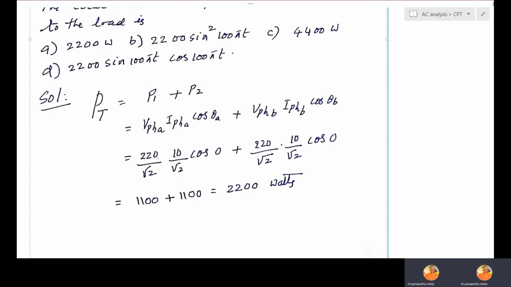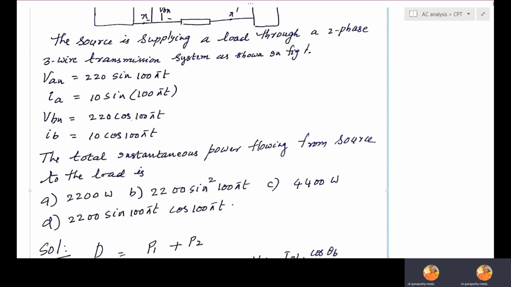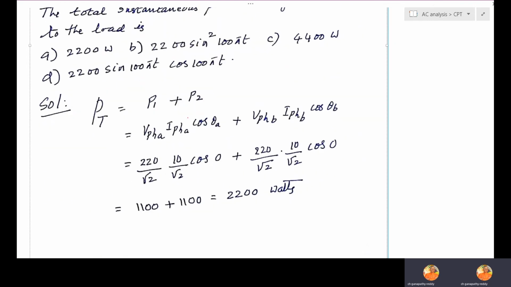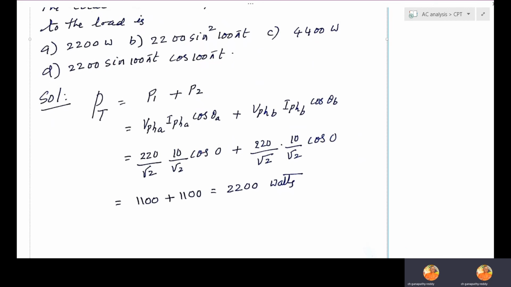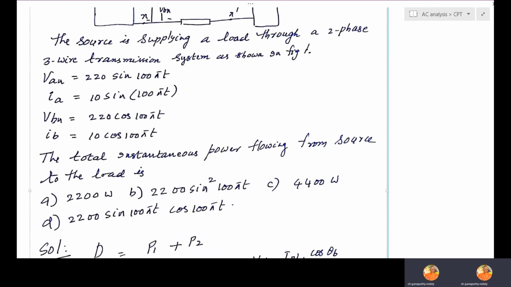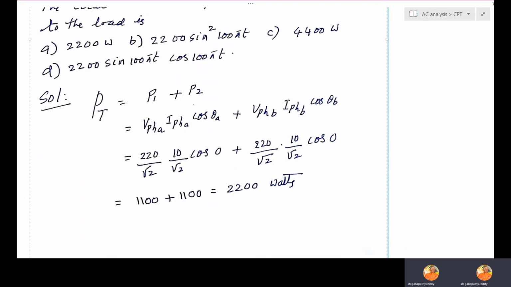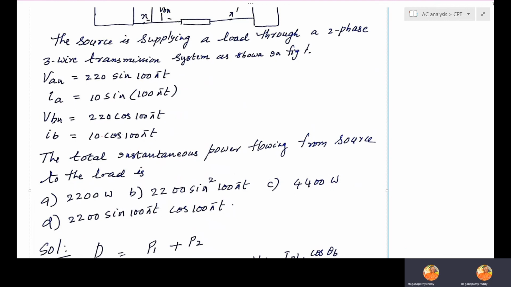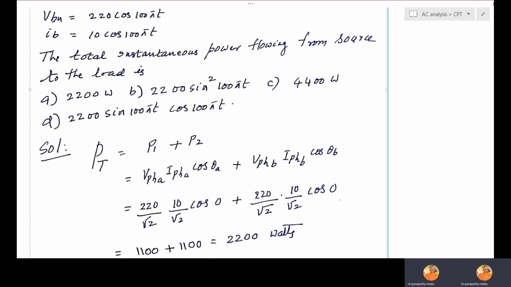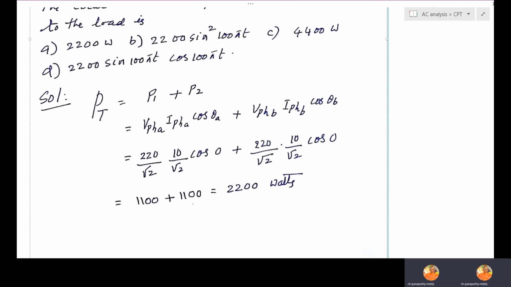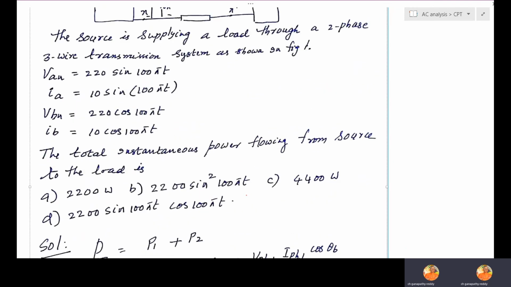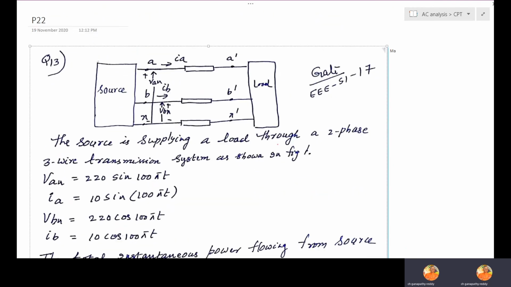What is V phase? 220 by root 2, because that must be RMS. 220 by root 2, 10 by root 2, cos theta. What is the phase difference between voltage and current? This is sine, the phase difference is 0. Here, voltage is cos, current is also cos, again the phase difference is 0. So 1100 plus 1100, 2200 watts. Simple.